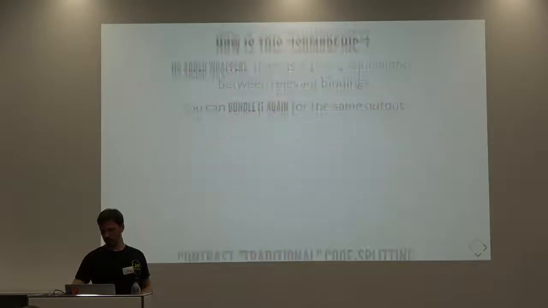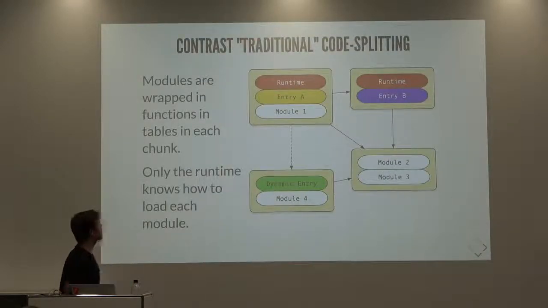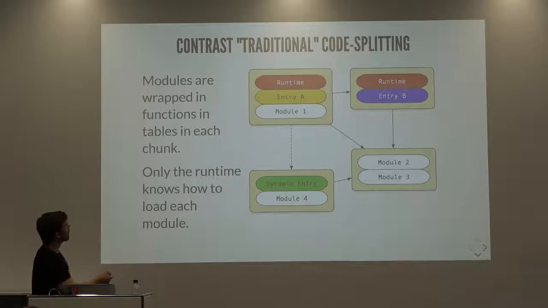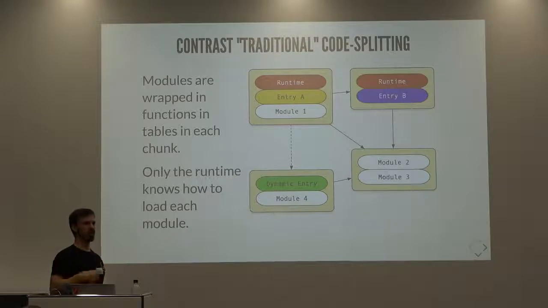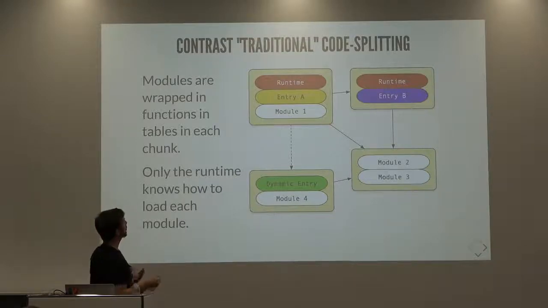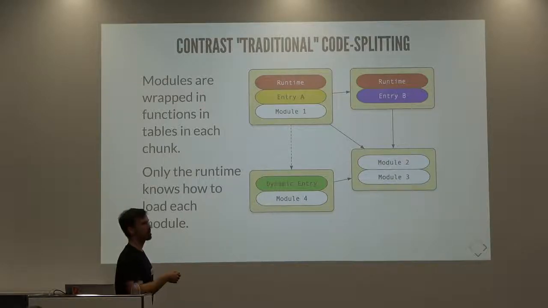And how would this look in a traditional way? The thing is, how does Webpack know, for instance, how to get to these modules over here? What it does is basically put all modules in tables and then add some code to the static entry points. The code for the static entry points knows how to load stuff and how to look stuff up in tables.